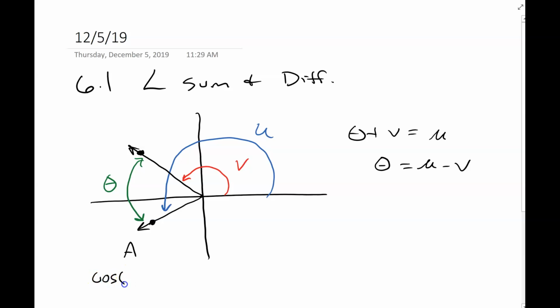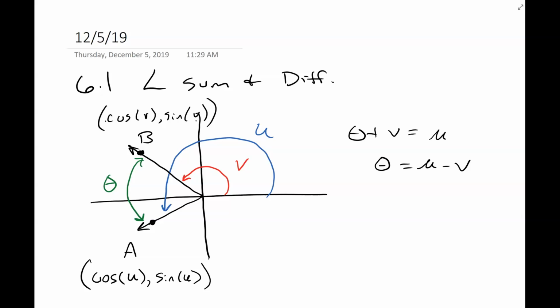The x-coordinate would be cosine of U, and the y-coordinate would be sine of U. This point here I'm going to call B, and similarly this would be cosine of V, comma sine of V. Everybody agree with that? Okay?